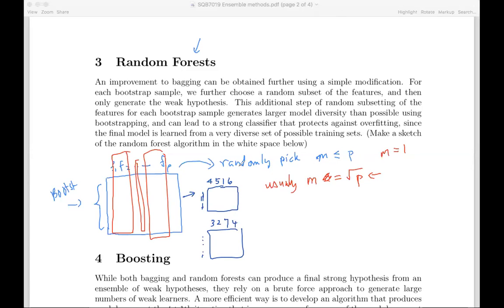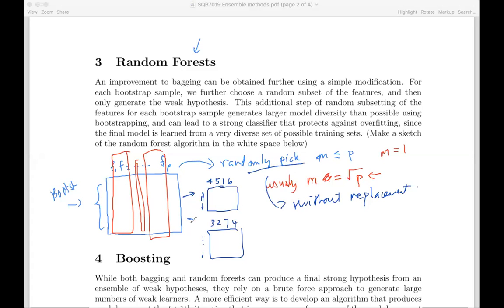So this is a sample without replacement, randomly picked. It makes no point to replace the features because it's basically redundant. So you sample without replacement on the columns, and only sample with replacement on the rows.